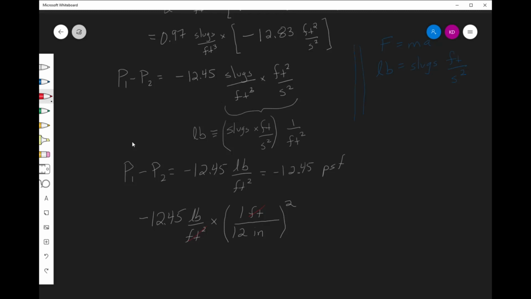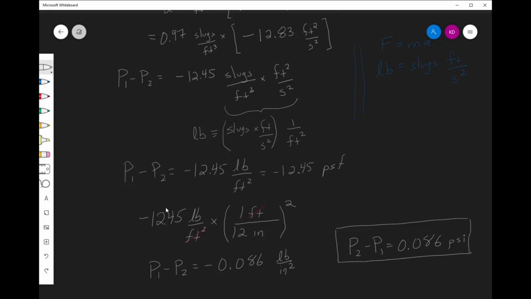And we are therefore left with that P1 minus P2 equals negative 0.086 pounds per inch squared. And if you like, you could rearrange this and write that P2 minus P1 equals 0.086 psi. So that's our final answer. So the pressure at 2 is larger than the pressure at 1 by 0.086 psi.